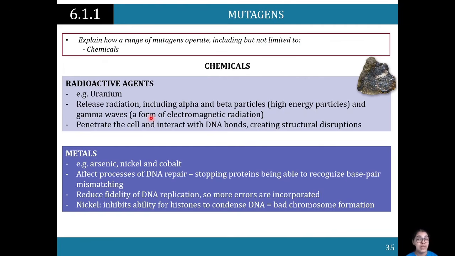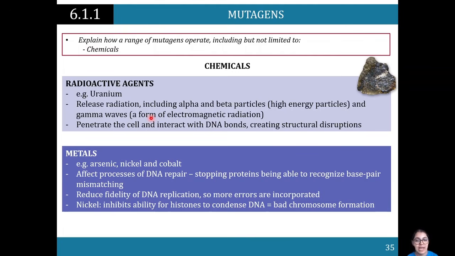In terms of metals, the mutagens include arsenic, nickel, and cobalt, and being exposed to them for a long time can affect the integrity of the DNA repair system. We have our own inherent repair system that tries to fix as many mutations as possible.